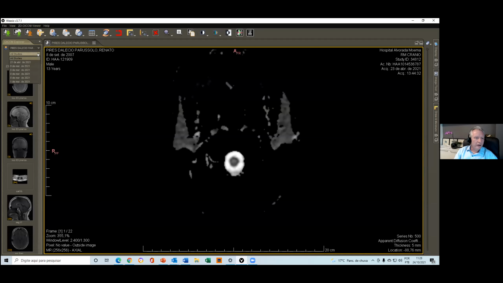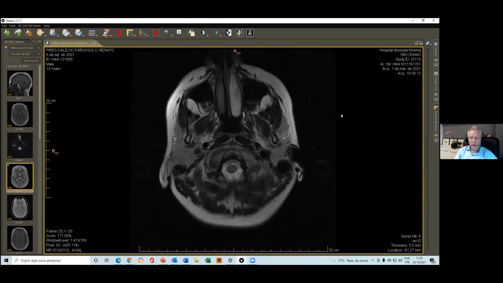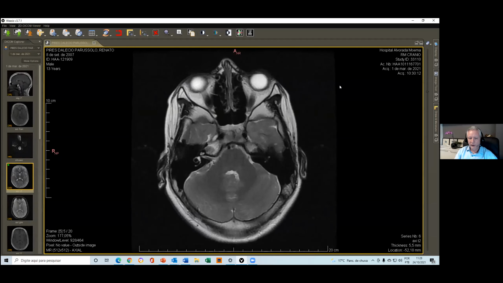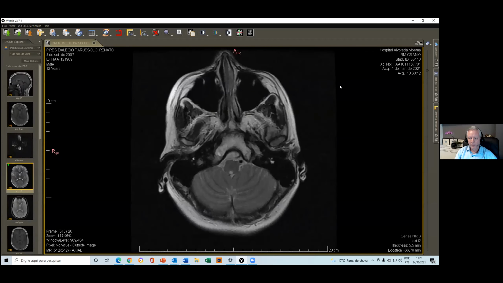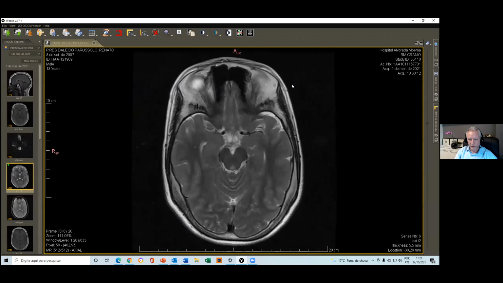This is just to show his pre-op MRI. Can you see the screen? Yes. Okay, perfect. It's basically a normal scan.